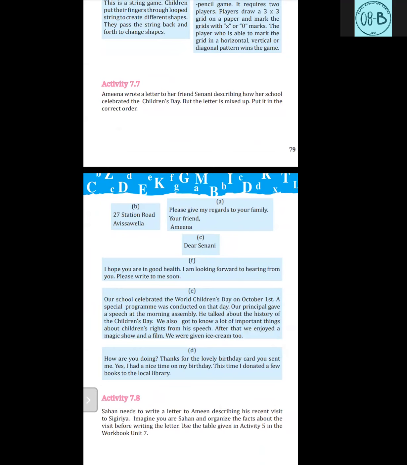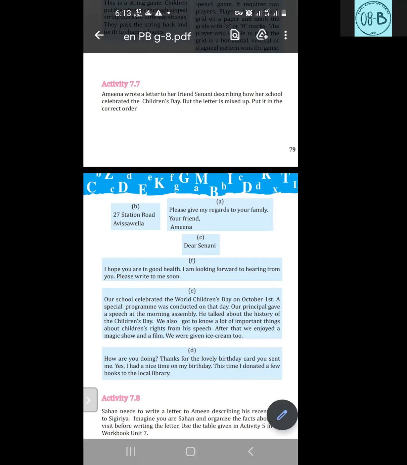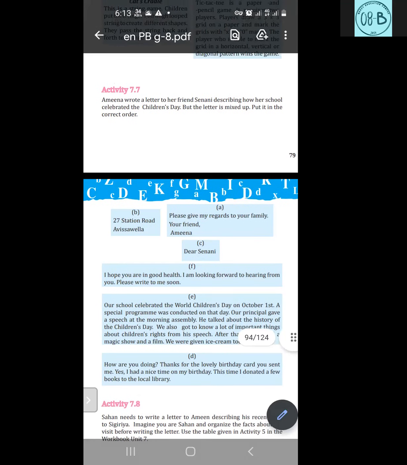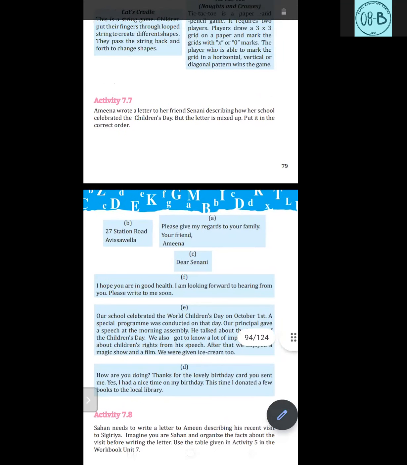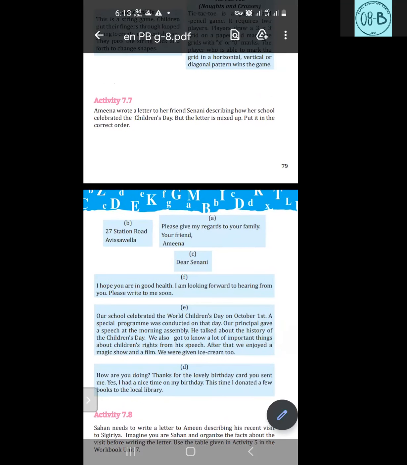Mixed up means கலந்திருக்கலாம், குழம்பி கிடக்குது. We have to rearrange them to get them in order. Understood, boys? Yes, very good.